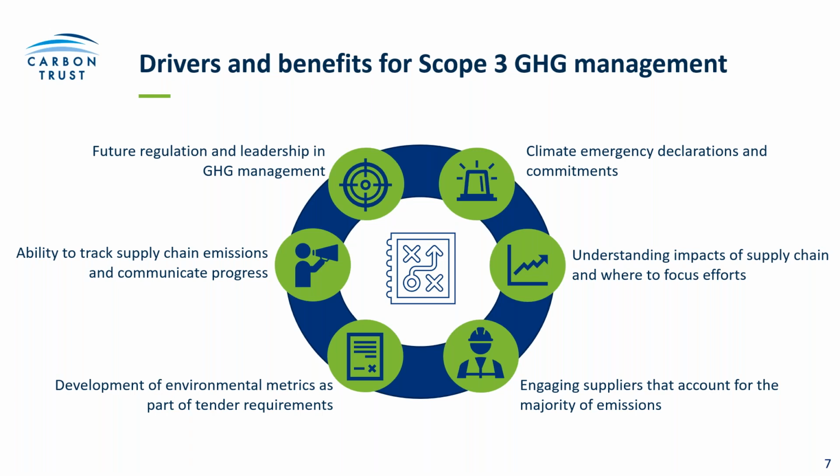Another area is that measurement will allow you to better understand where to focus your efforts. It's generally too big to tackle all at once, so you need to prioritise. And we'll say a bit more about that as we go through. Once you've prioritised where to focus efforts, you can then engage those areas such as particular suppliers that account for a significant proportion of the emissions.